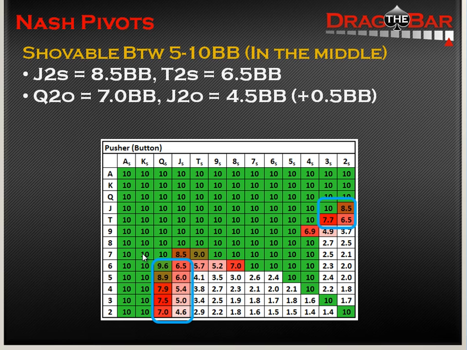So we can sort of guess midpoints between our hand and that offsuit 7, and we'll get a good value for those. Another way that you can memorize these offsuit ones is that typically if you add about half a blind for every hand value above 2, it's going to go up like that. So let's say Queen 2 off is 7, and then if you know you got Queen 3 or Queen 4, just add half a blind or a blind, and you're going to be pretty close to accurate.